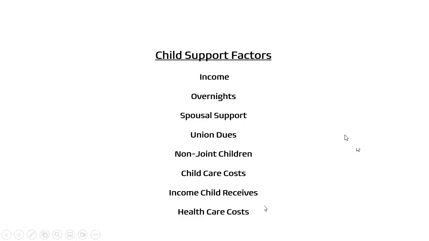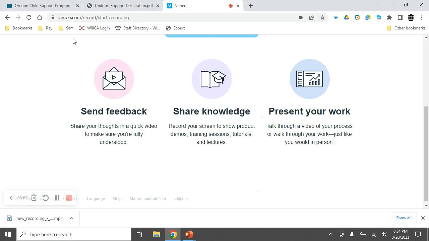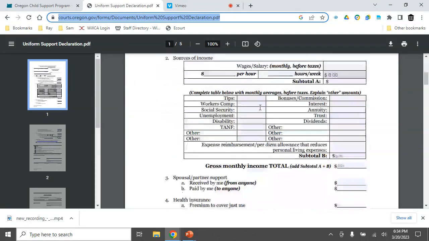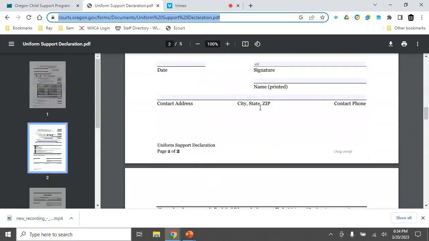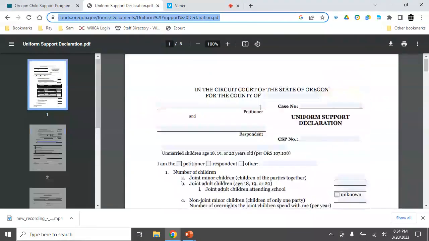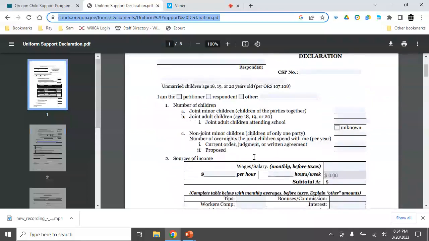Now, let's take a look. I had mentioned to you the Uniform Support Declaration, and it's right here. You can see it's on this Oregon.gov website. So this is an official state of Oregon document, and this is only a two-page document. The third page is certificate of mailing, but these two pages are going to cover all the factors.